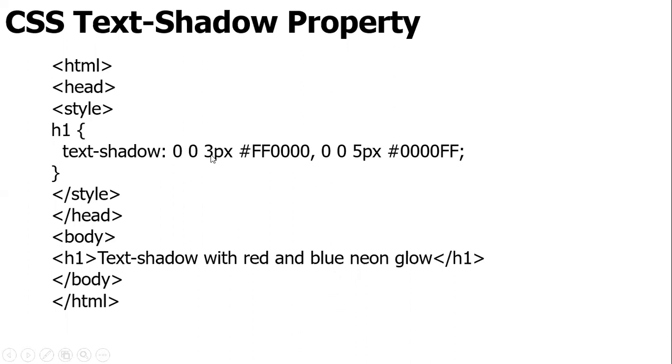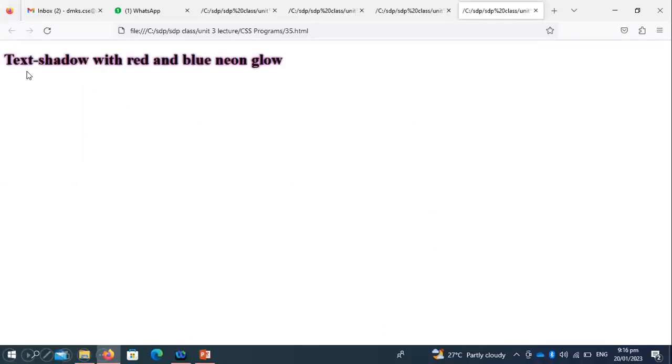So 0 0 3 pixels and hash FF0000 will be for the red color for the text shadow. 0 0 means I have not given any value for the text height and width, so by default it takes some value. 3 pixels is for the blur effect. Here, similarly, I have given 5 pixels for the blur effect and one more color. This color is neon blue. See, this is the output. Here the blur effect is given for the neon blue and red color combination.